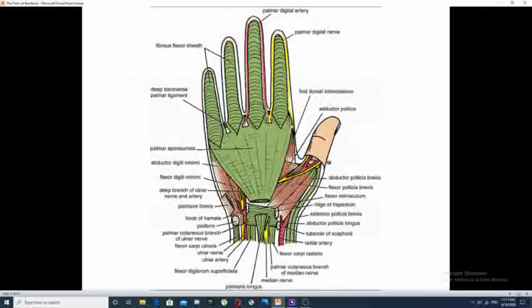This is the shape of the palmar aponeurosis. This is the apex and this is the base. You see the base split into 4 divisions, which will fuse with the fibrous flexor sheath of the fingers.